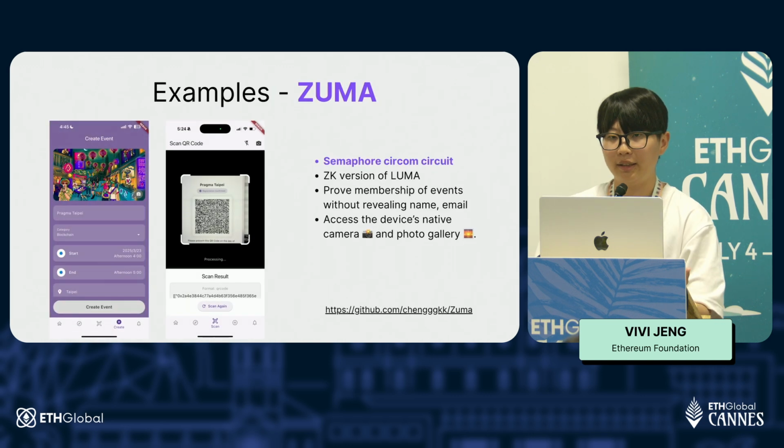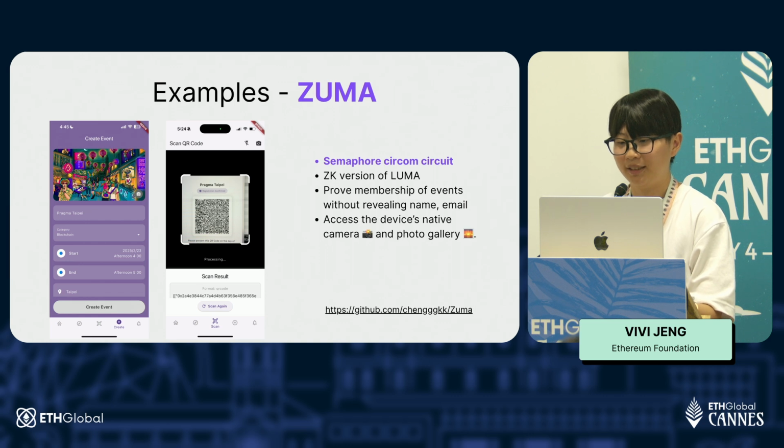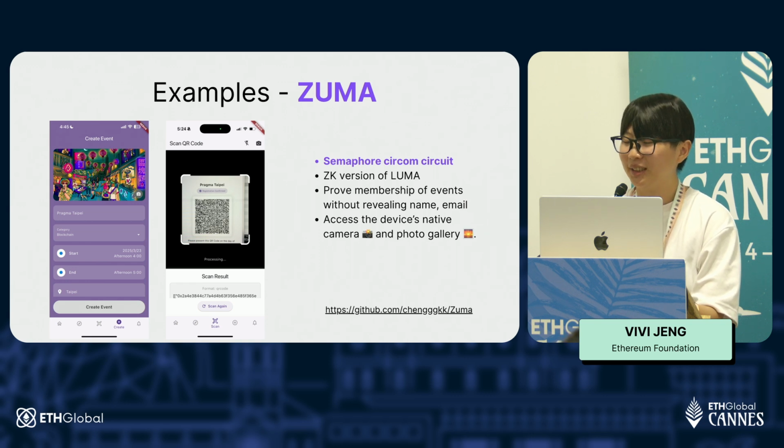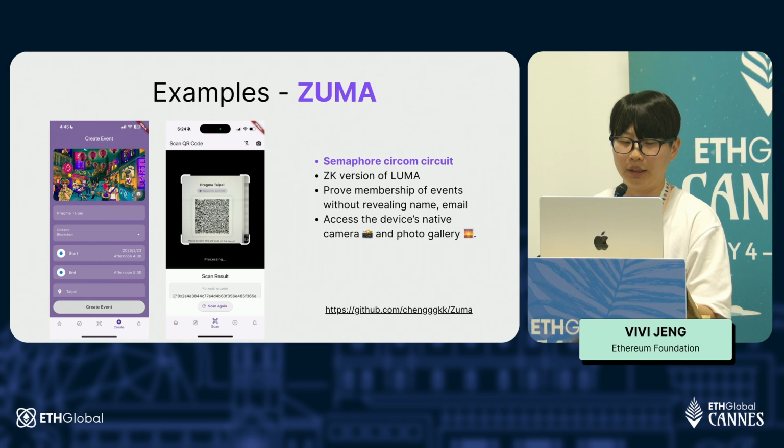And another example is Zuma. So it is the ZK version of Luma. So imagine that you went to an event and you want to show your name or email to the host. It might somehow reveal your information. So Zuma is built with Semaphore.